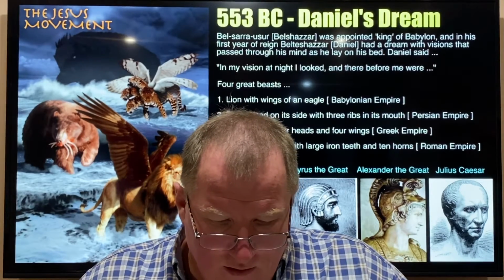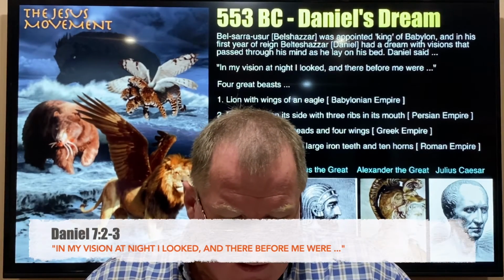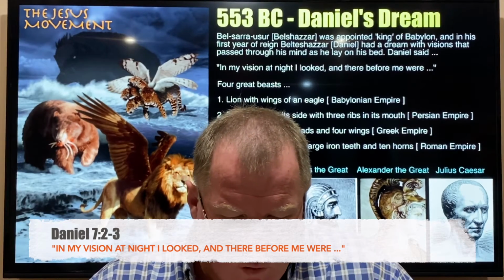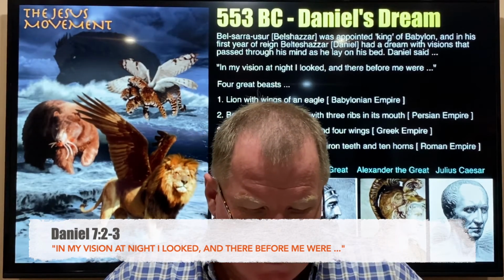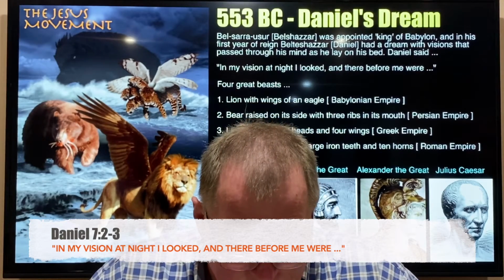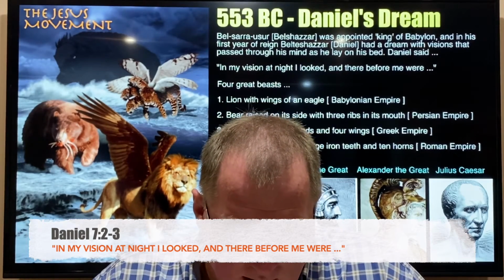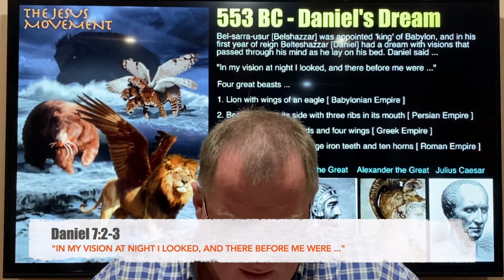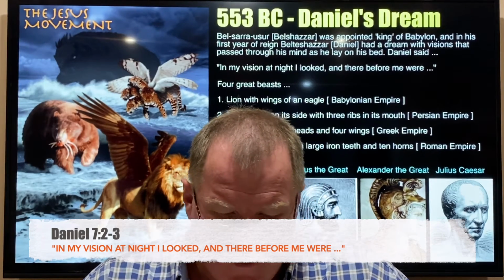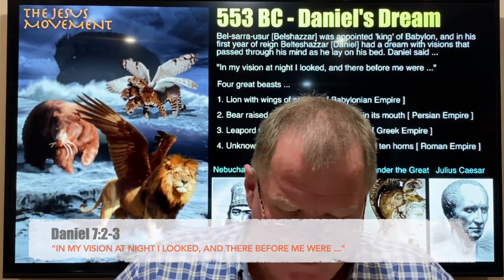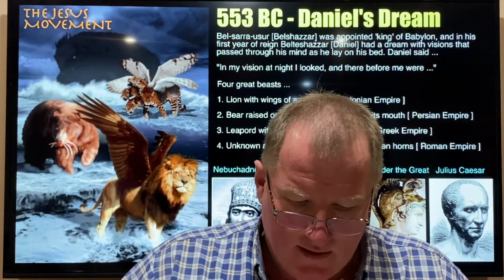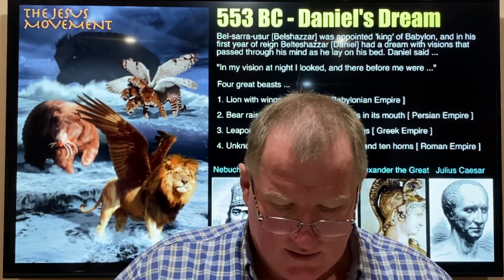So Daniel said, "In my vision at night I looked, and there before me were the four winds of heaven churning up the great sea. Four great beasts, each different from the others, came up out of the sea." So that's in Daniel chapter 7, verses 2 to 3. I'm not going to read all of the scripture. You can read it later, but we're going to cover the main details.